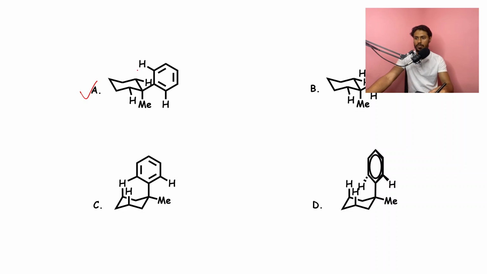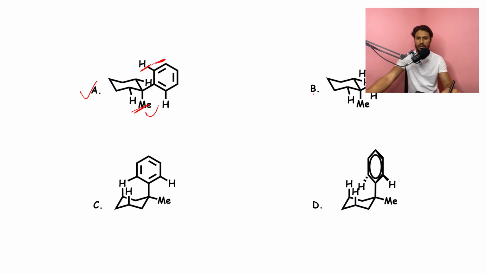If we consider A, you can see this conformation is quite stable because the ortho hydrogen atoms of this phenyl ring are not interacting with any other hydrogen atoms. So conformation A is quite stable, although we will see there is one kind of interaction.